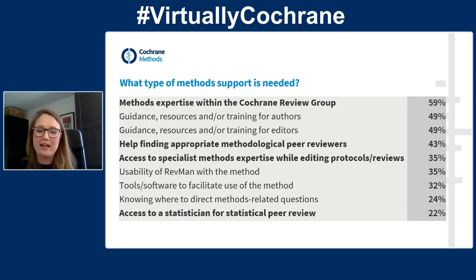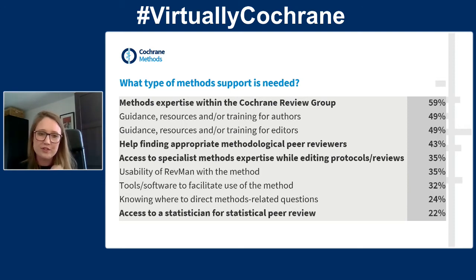One key issue to flag before I get into this is that the complexity of the methods that we're using has grown over recent years. What's needed is increased methodological capacity to apply these methods accurately, and also to quality assure these reviews when they're submitted to the Cochrane review groups.